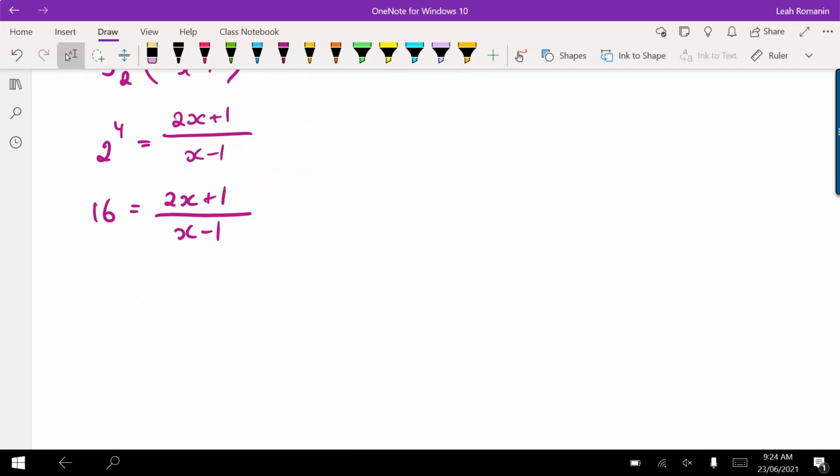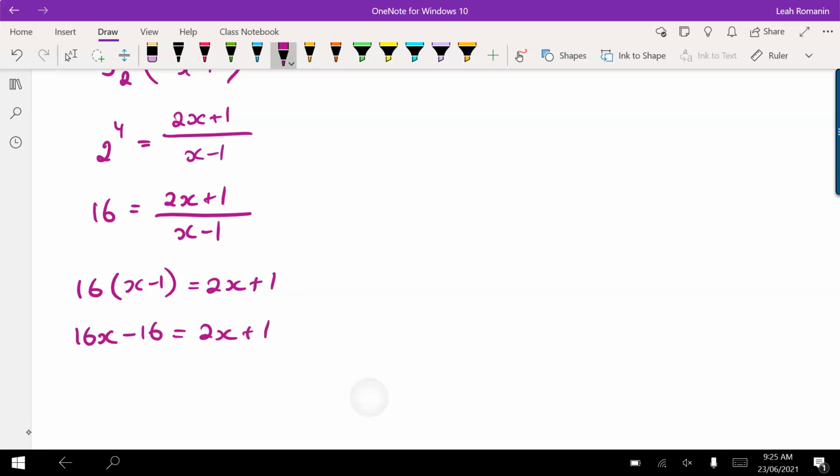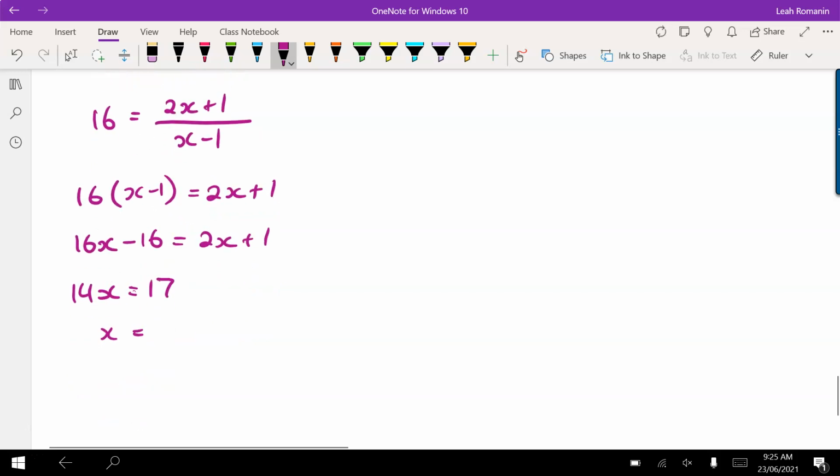I'm going to multiply both sides by x minus 1 to get rid of that fraction, and multiply out the bracket. I'm just going to collect my like terms on either side, and then I'm going to divide by 14. So I'm going to get 17 over 14.